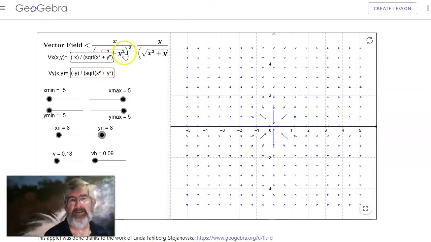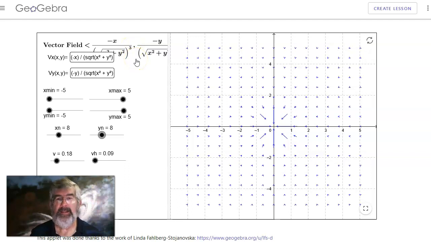And now I've got the square root cubed, so it's raised to the 3/2 power down there. And this would be a gravity field pulling towards this point here with the force inversely proportional to the square of the distance.